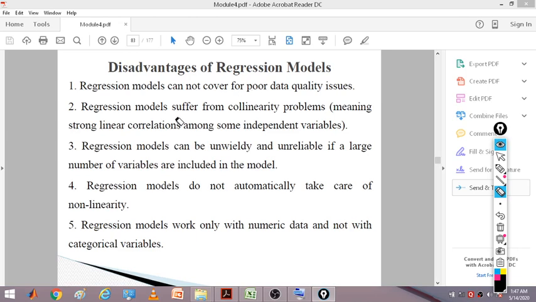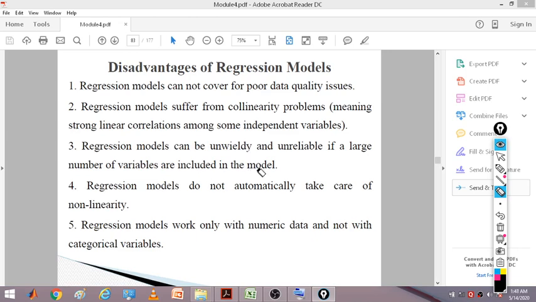So regression models suffer from collinearity problems, meaning strong linear correlations among some independent variables. So you may have strong linear correlation among the features themselves. Like we expect to have a strong relationship between the independent variable and the dependent variable, sometimes we'll have a strong relationship between the features themselves. A regression model can be unwieldy and unreliable if a large number of variables are included in the model.